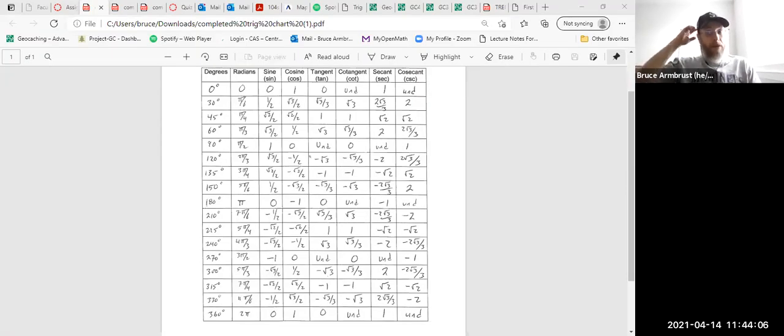Okay, so let me go ahead and start by sharing my screen, and I want to share with you a completed one of these charts. Now, I did put this up onto Canvas. If you go to the files tab on the menu, it'll pull up all the different files that are there in the class, and this is one of them.